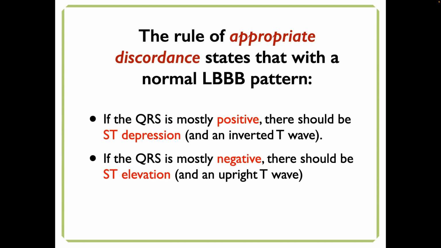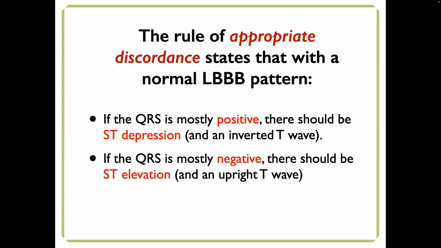Conversely, if the QRS is mostly negative, there should be ST elevation and an upright T wave. So whatever direction the QRS goes, the ST segment, the J point, is going to be the opposite, and the T wave is going to be the opposite. If the QRS goes up, ST depression, T wave goes down. If the QRS goes down, ST elevation, positive T wave.